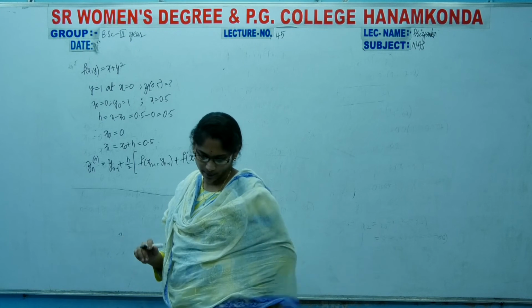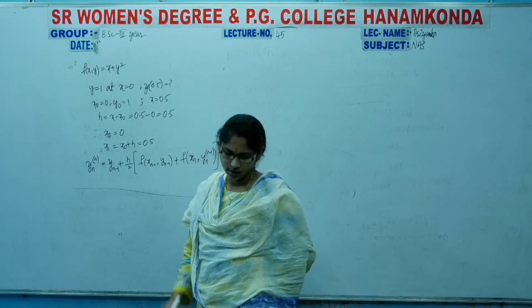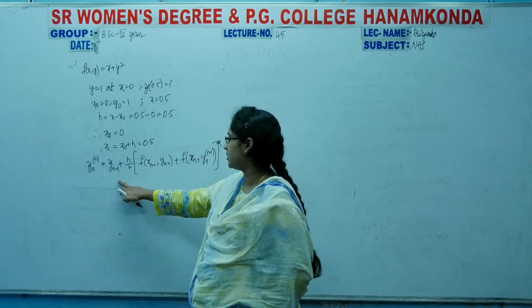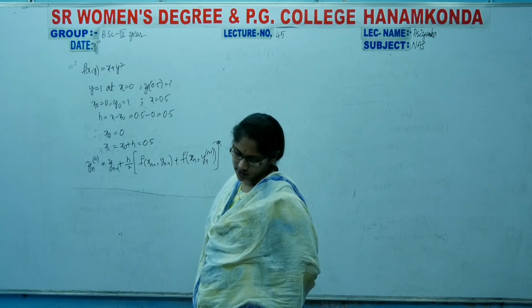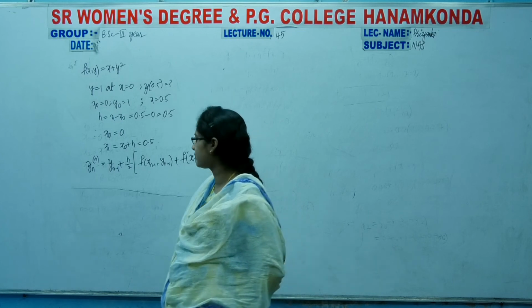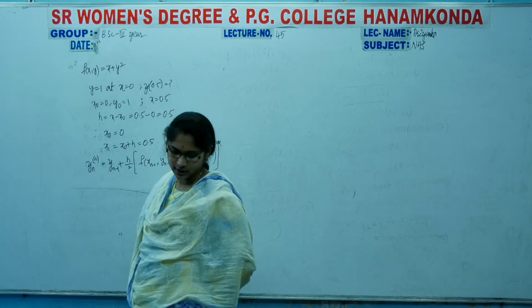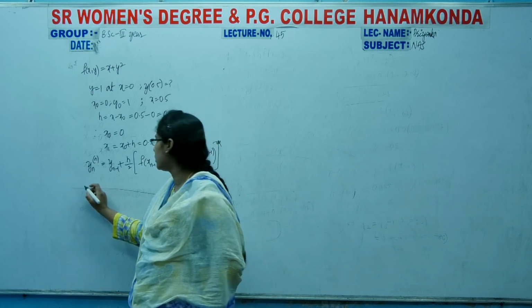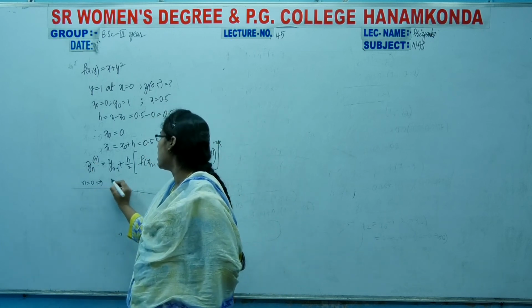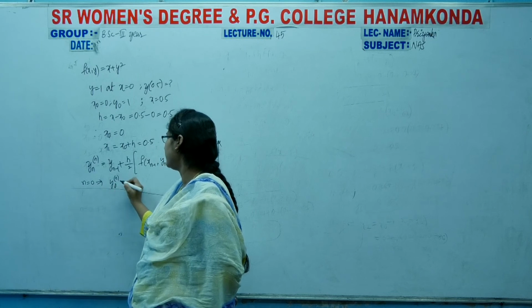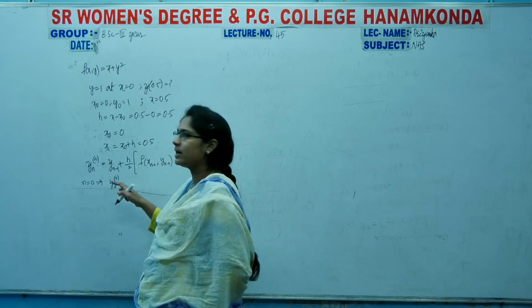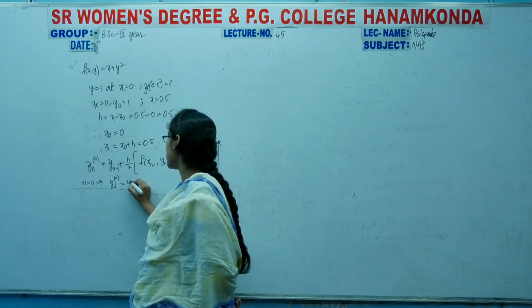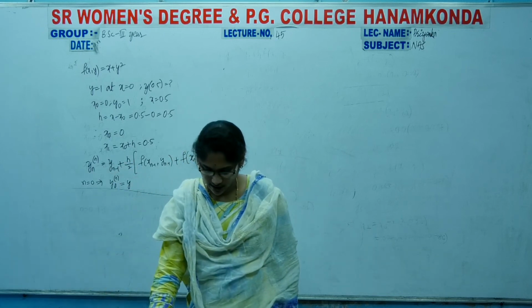Here we should not change the power n, only for sufficient n. Then y0 power n, here again n will be different, n equal to 1, 2, 3 and so on.